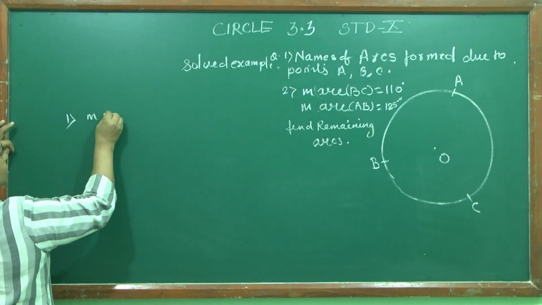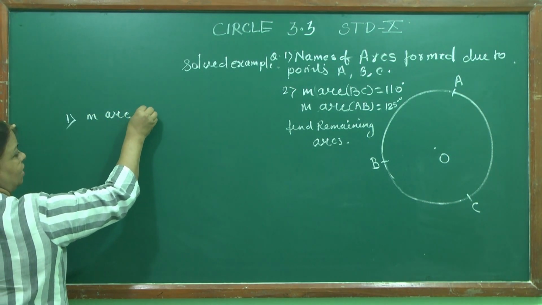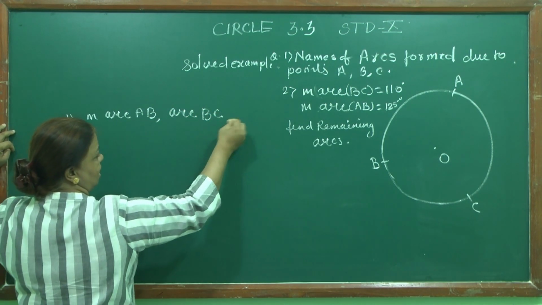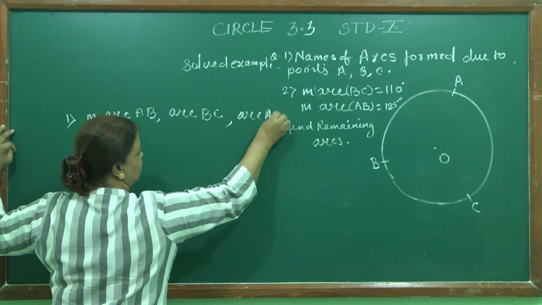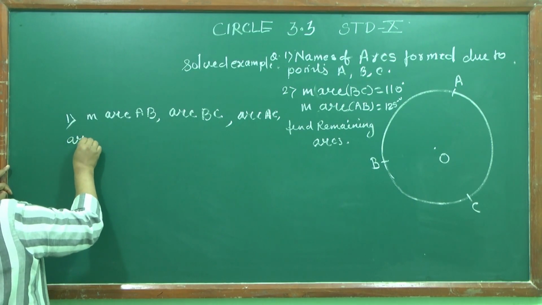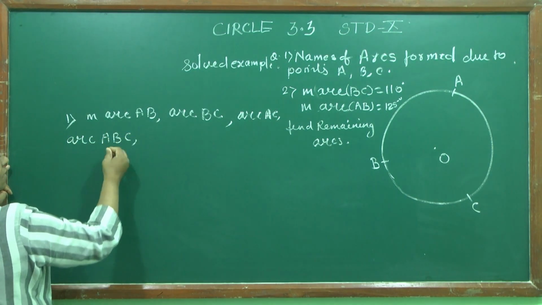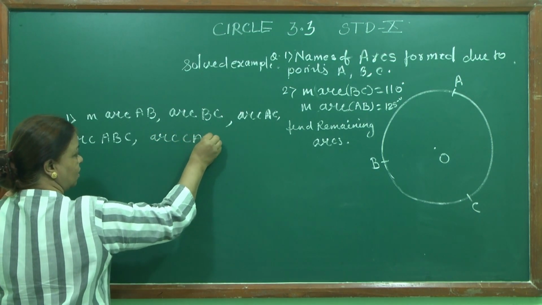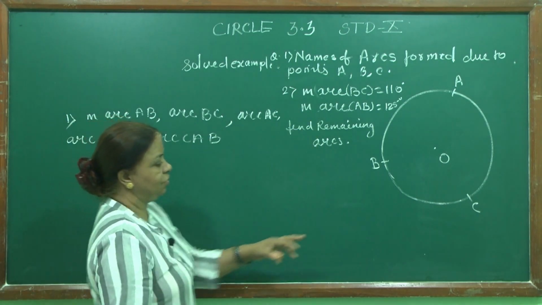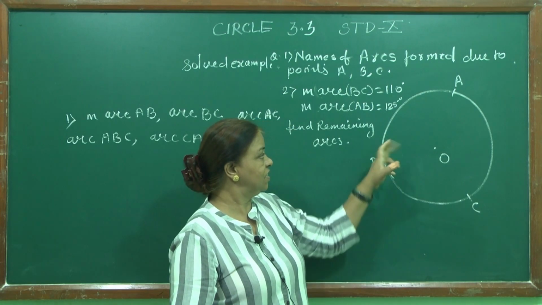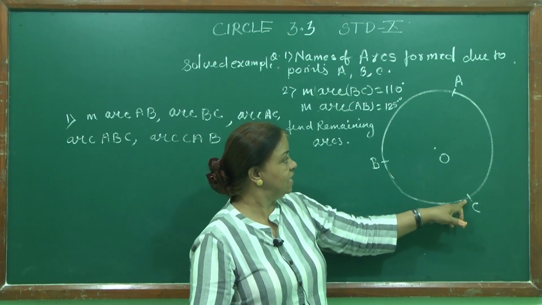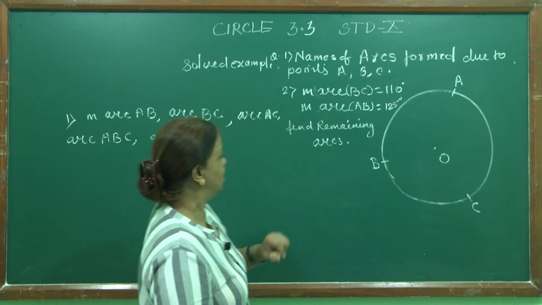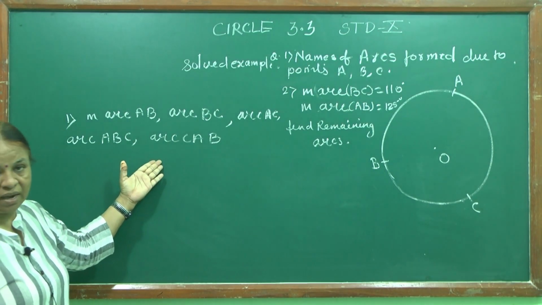First is major arc AB, then arc BC, then arc AC, then arc ABC, then arc CAB. So you can name the arcs accordingly.